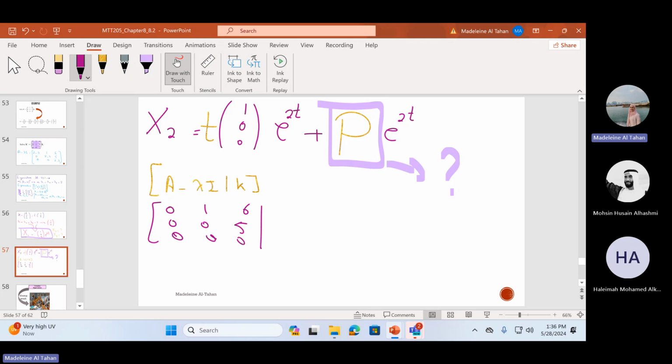Here instead of the zeros on the right side, we will put K, and K in our case is 1, 0, 0. Solve this one. What do we call these unknowns instead of K1, K2, K3? Please solve this.